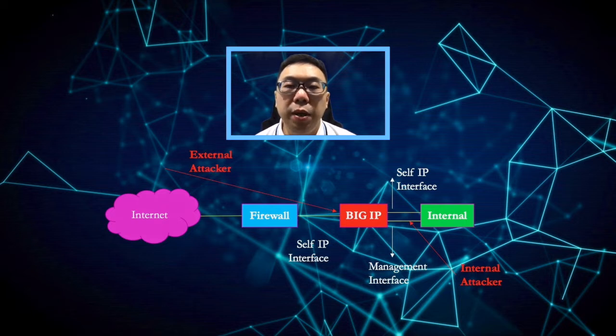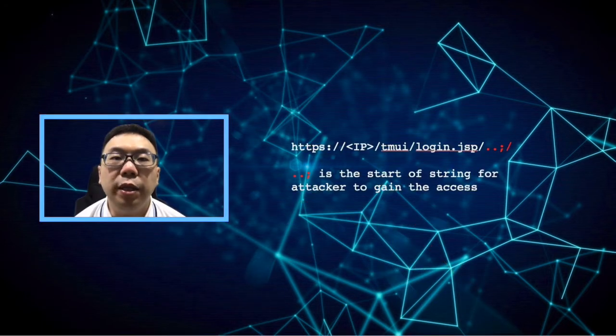The attacker can come from internal or external, as long as they can reach any of your BIG-IP interfaces with the IP address. After the attacker is able to reach the BIG-IP, they could execute the URL and get access to your BIG-IP.